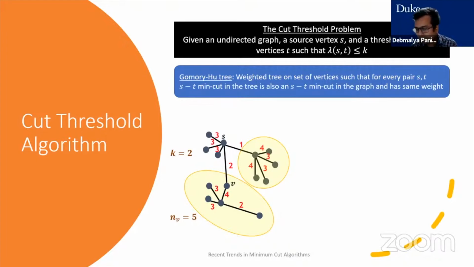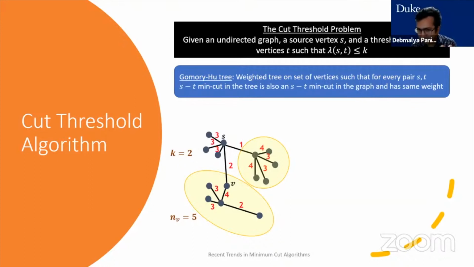Now, one way of identifying these vertices is the following. Let me start walking outward from S on the Gomory-Hu tree. Whenever I encounter an edge of weight 2 or less, I know that all the vertices on the other side of that edge must have connectivity 2 or less from S. So if I walk outward from S, the two edges that I encounter that are of weight 2 or less are these two edges of weight 1 and 2 in this tree.